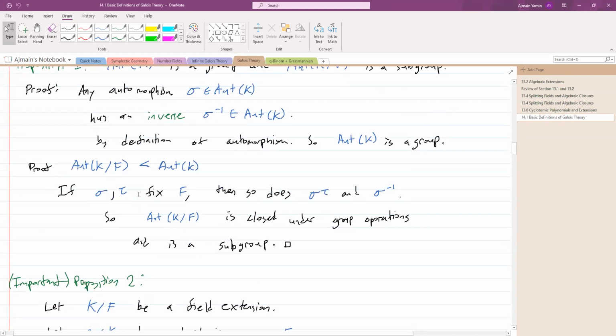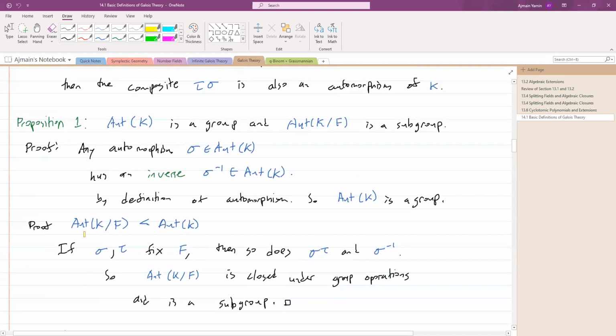Furthermore, this is a subgroup, because if you have two automorphisms that fix F, then their composition also fixes F, and the inverse of an automorphism fixing F also fixes F. So they're both in the subset, so it's a subgroup.